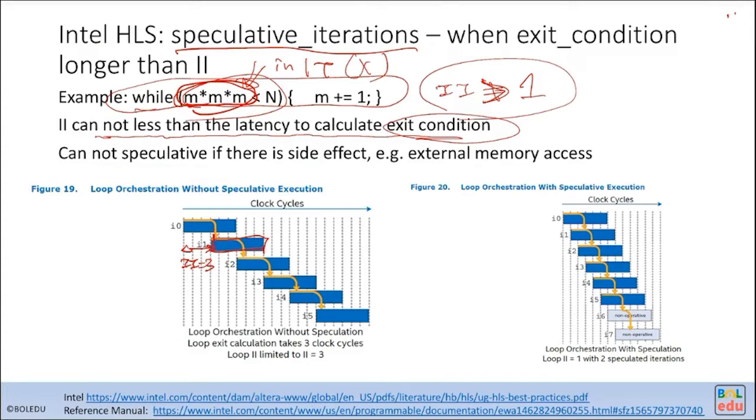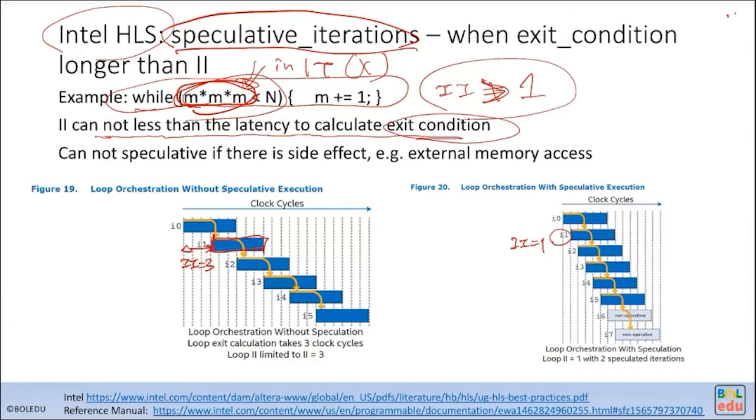So we really would like this pipeline to run at II equal 1. This technique is called a speculative pipeline, and that feature is implemented in the Intel HLS compiler, but not in the Xilinx HLS.